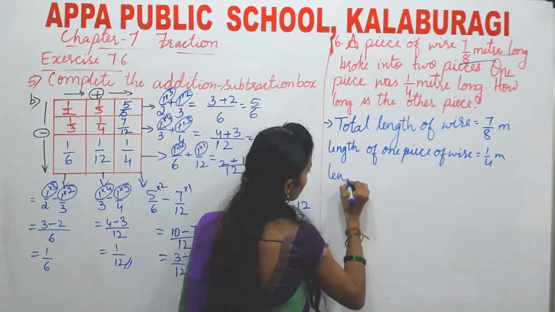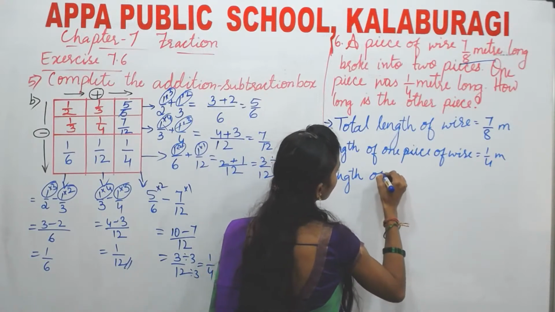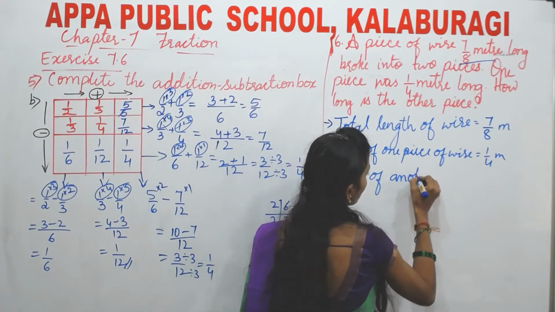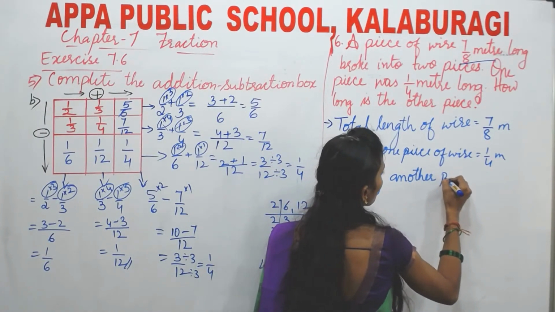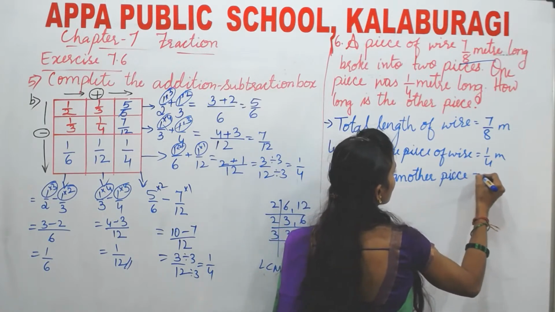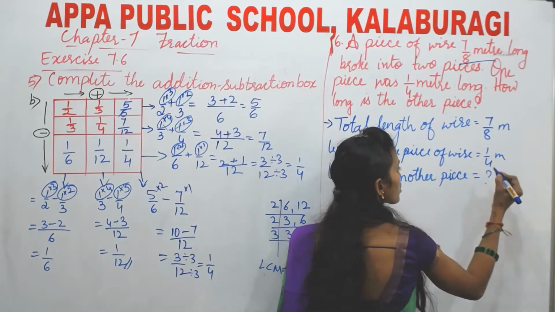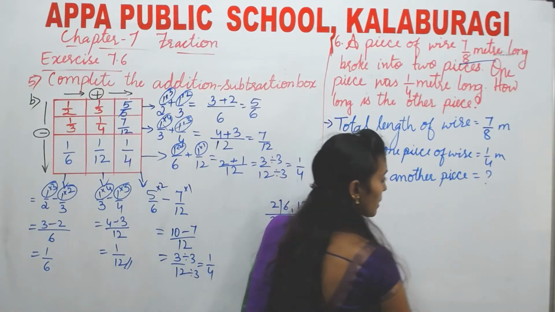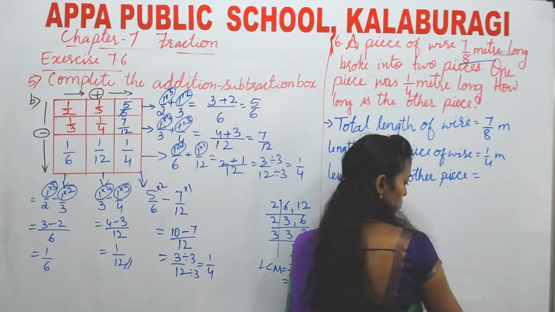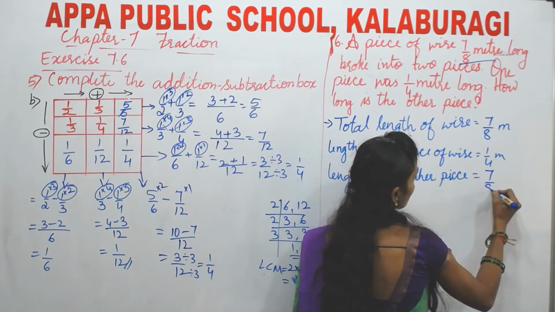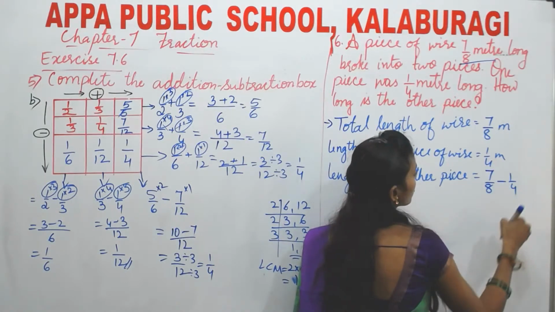Then length of another piece is how much? That is nothing but we have to subtract it. That is nothing but 7 by 8 minus 1 by 4.